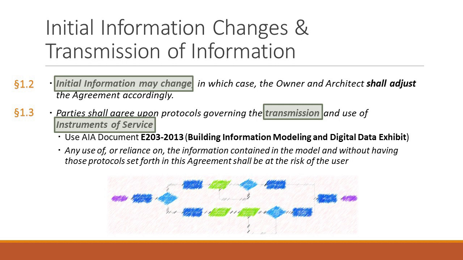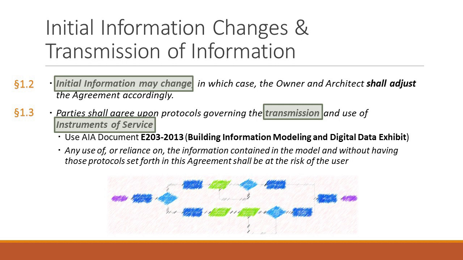The other one is the agreed upon protocols governing the transmission and use. Most of the things that are happening now are done electronically. If I'm sending my drawings as the architect and specifications to the contractor electronically, we want to make sure that there's a protocol of how that's done. When can the contractor rely on what's been transmitted? Where is it stored on a website? What happens if there's a degradation in the data?